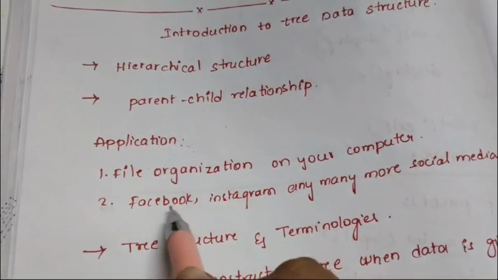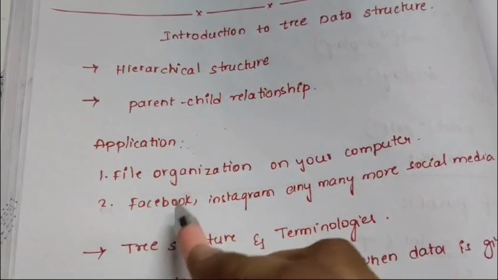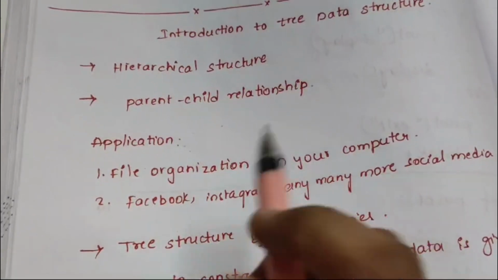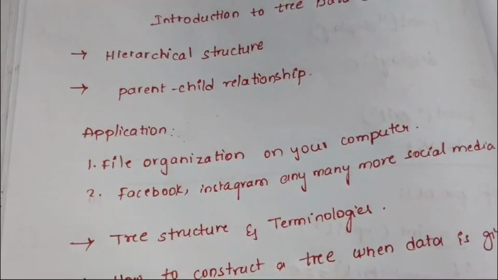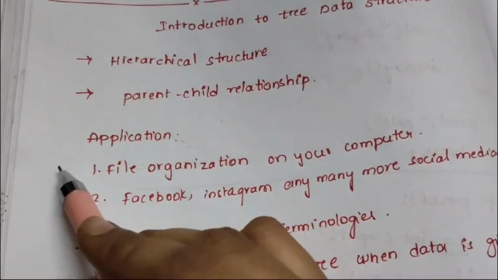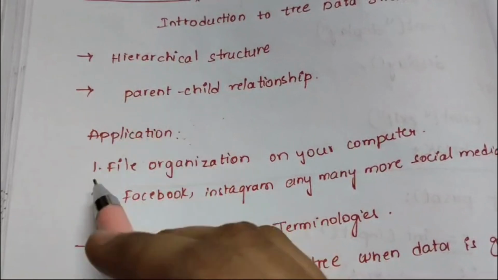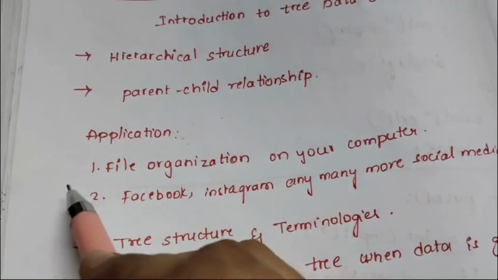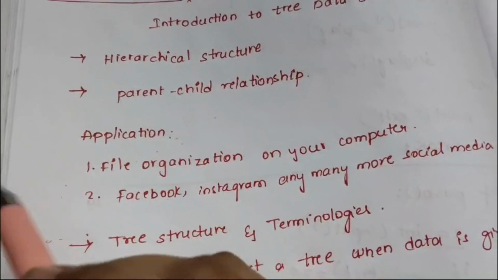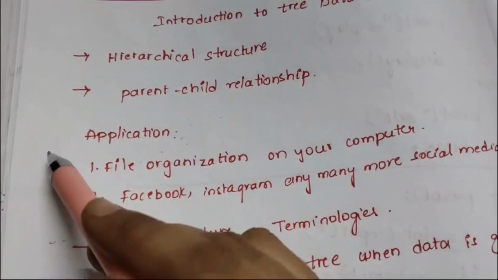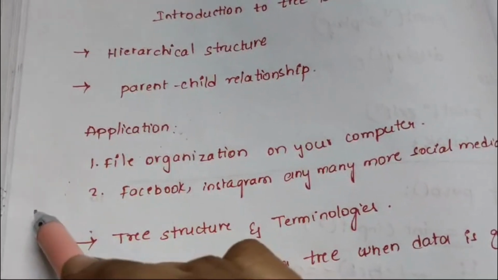If you consider a general daily life example, like using Facebook, Instagram, in that how this tree data structure is used is, suppose you are the node. You have some connections to your friends. Your friends have connections to other friends. So one node is connected to another.